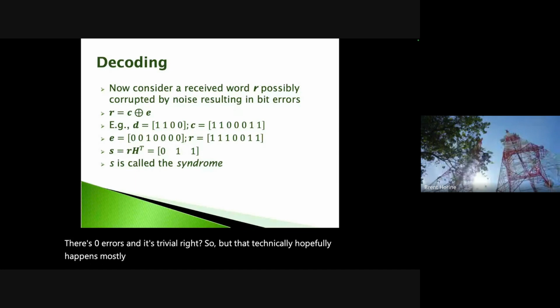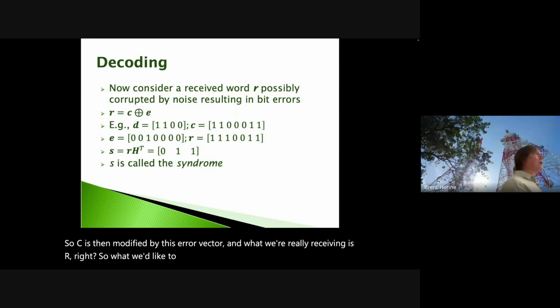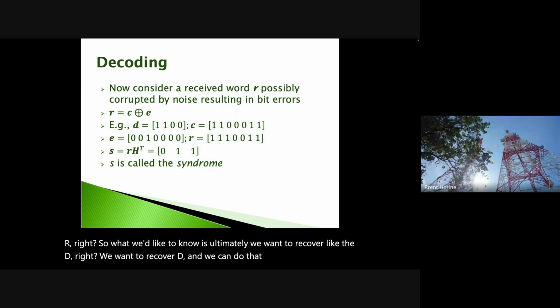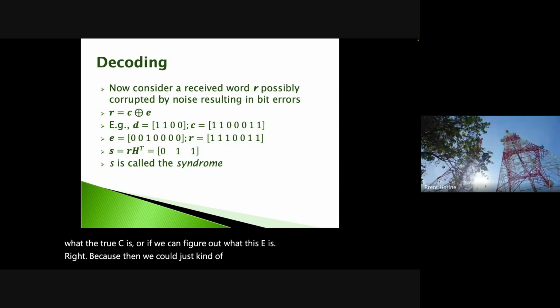So C is then modified by this error vector, and what we're really receiving is R, right? What we'd like to know is, ultimately, we want to recover D. We can do that if we can figure out what the true C is, or if we can figure out what this E is, because then we could just reverse this process and solve for C. We received R; that's all our receiver knows at this point.